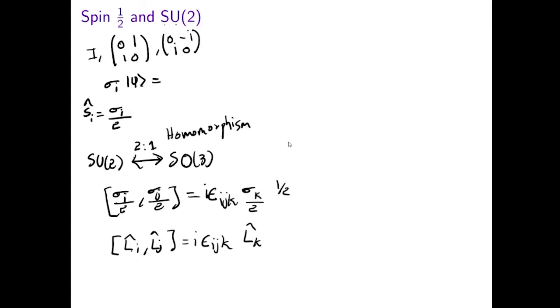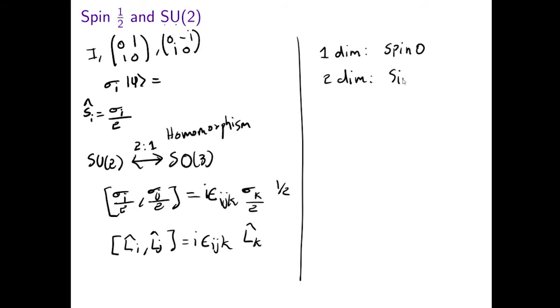But SU(2), from a representation theory point of view, has a one-dimensional representation that corresponds to spin 0. A 2-dimensional representation corresponds to spin half. 3 dimensions corresponds to spin 1. And why do I care about this? Because in spin 0, there's only 1 degree of freedom.